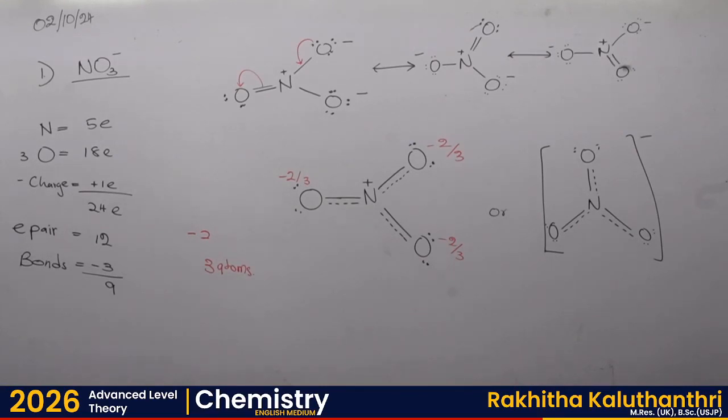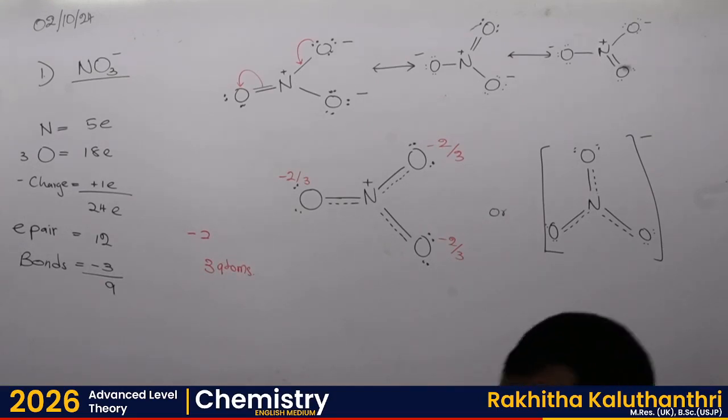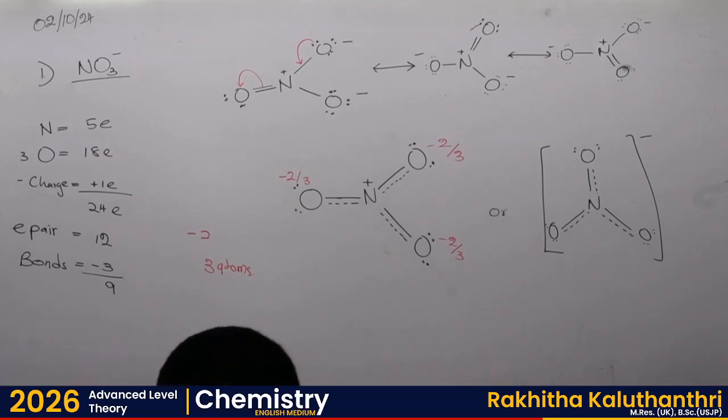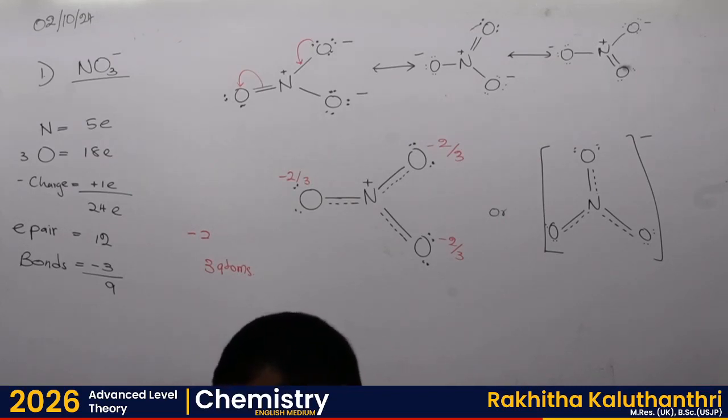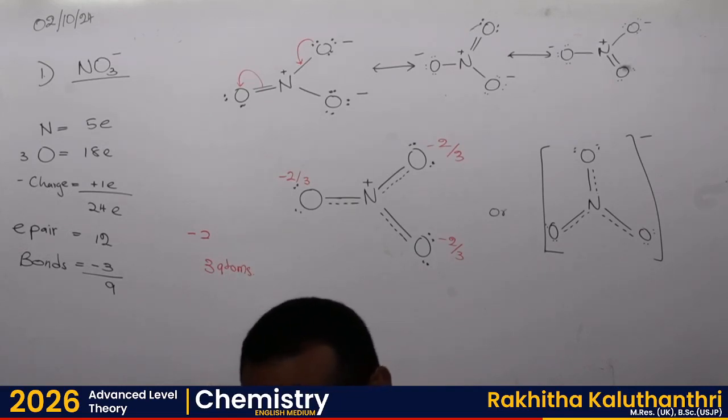Normally we have to draw every possible outcome. No, it's okay. There's going to be a few, right? But in this case, if you have drawn, you have to draw 6, but normally you don't get that kind of question. Mostly about 4 or 5 resonance structures is max.